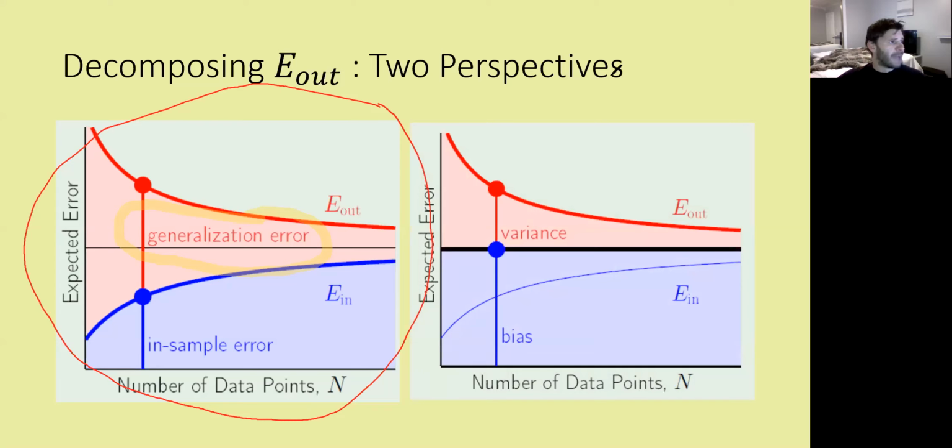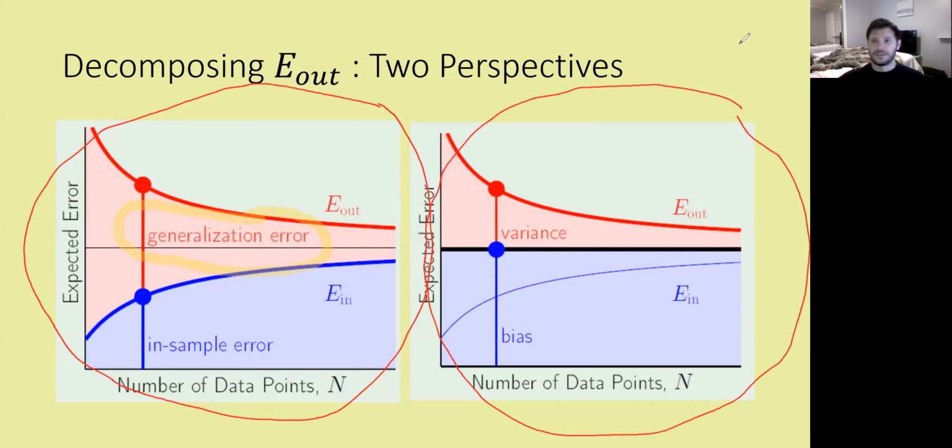And in doing that, the statistical perspective says that we can decompose that out-of-sample error into these two terms, the bias, or sometimes referred to as the bias squared, plus the variance.